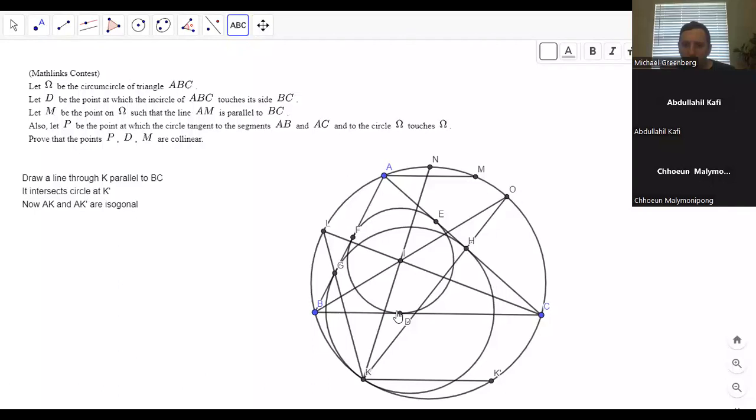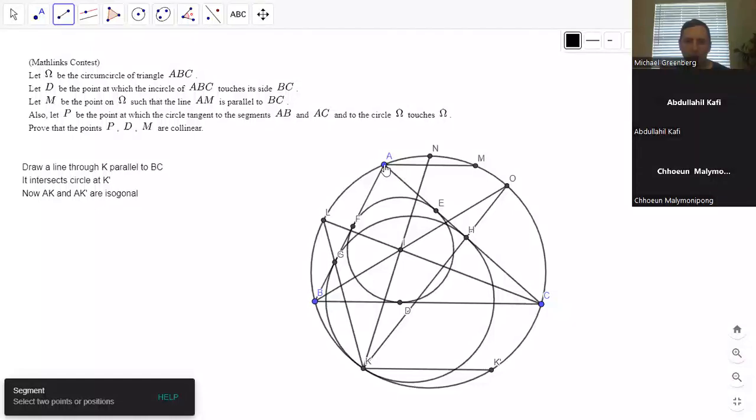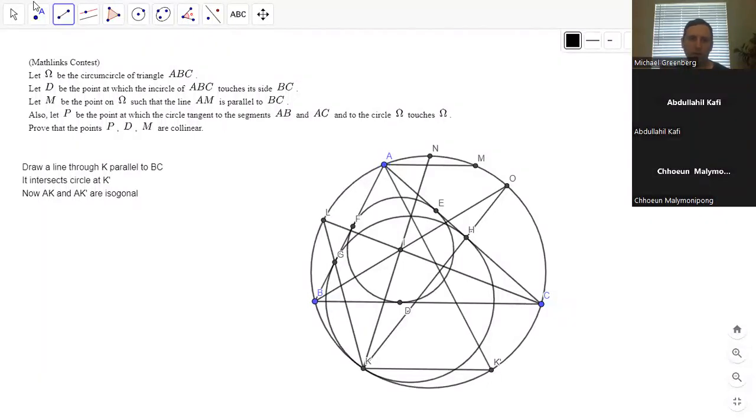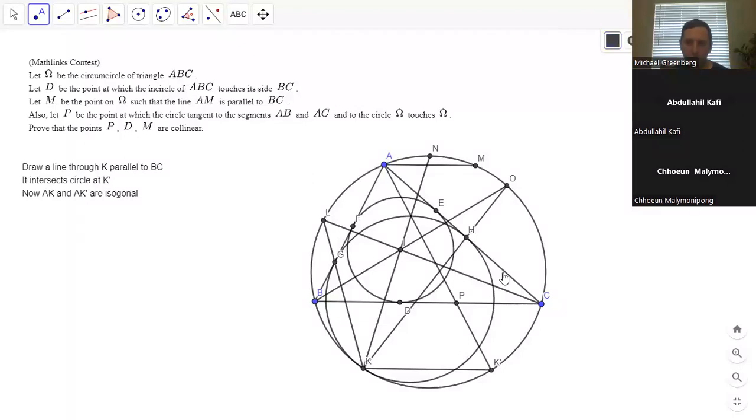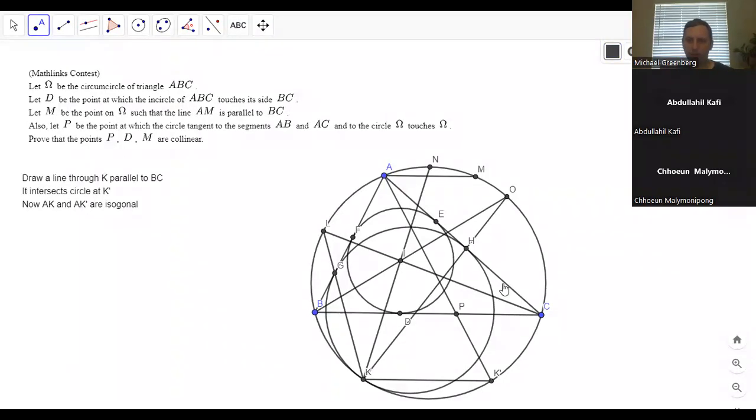Because A, K prime, and the touch point of the AX circle are collinear. Is that a well-known fact?